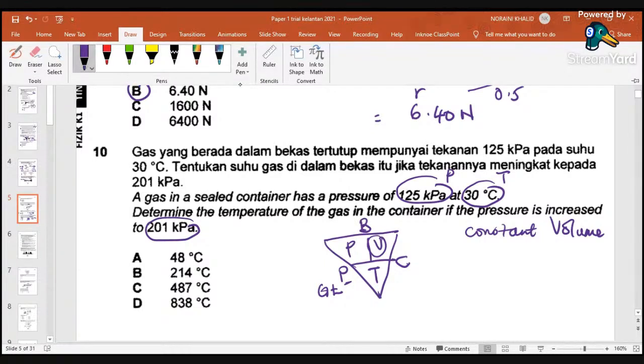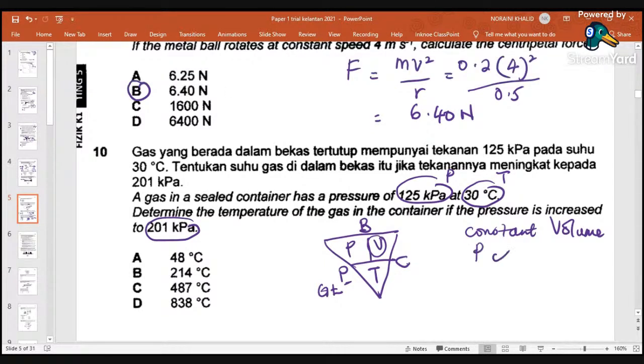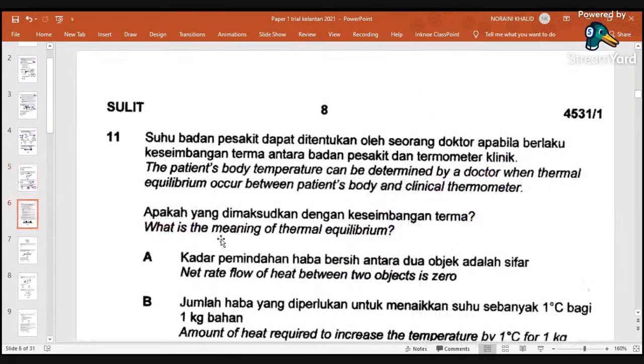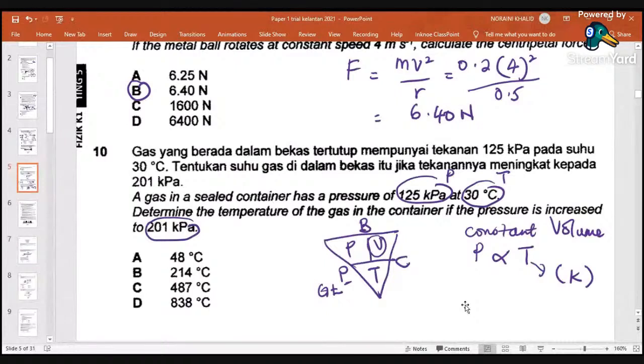For Gay-Lussac's law, you have P directly proportional to absolute temperature. The temperature is stated in the Kelvin scale, so we call it absolute temperature. So we get the relationship as P1 over T1 equals P2 over T2.